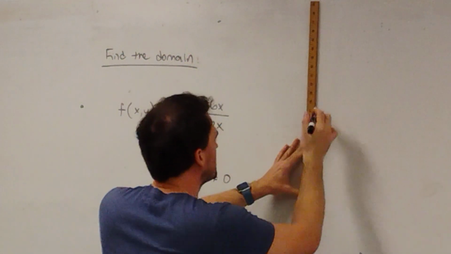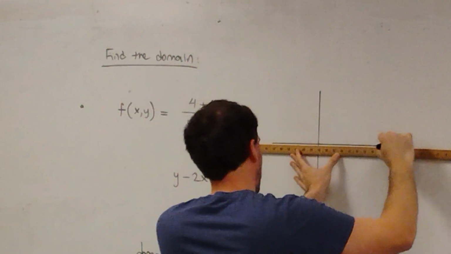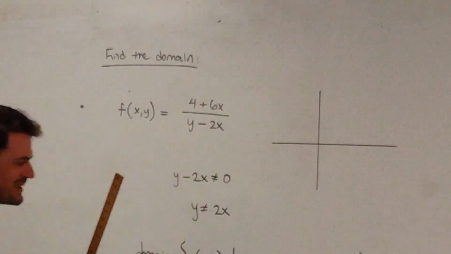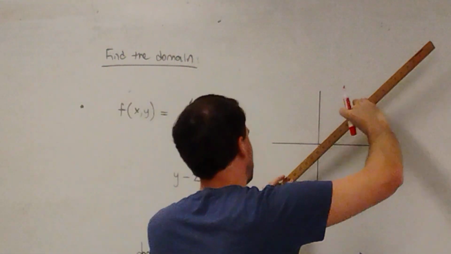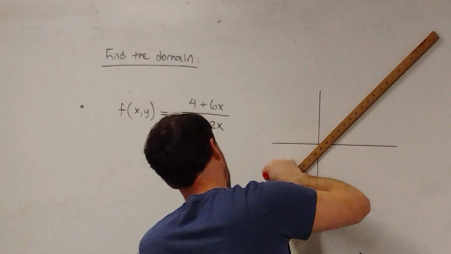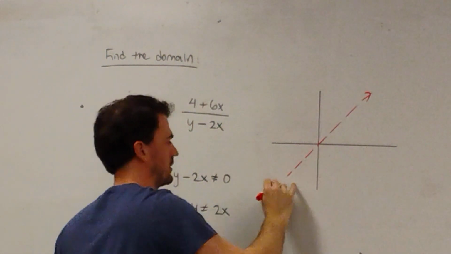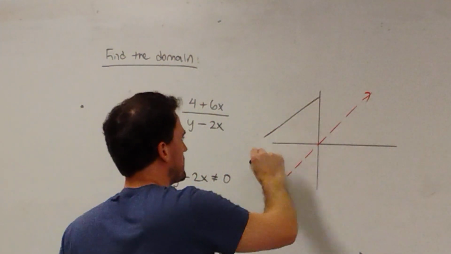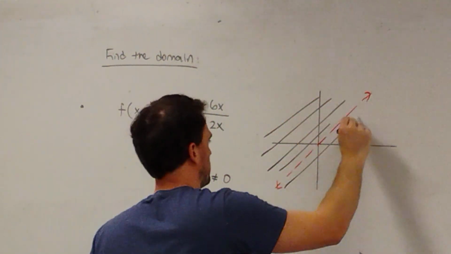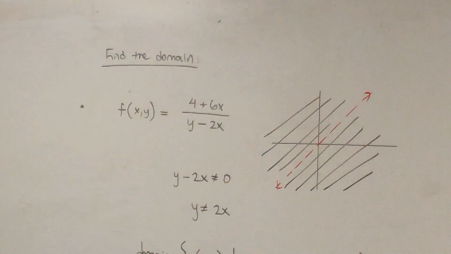Let's think about what this actually looks like, though. This is saying y can't be 2x, but it can be, quite literally, anything else. So let me justify this.